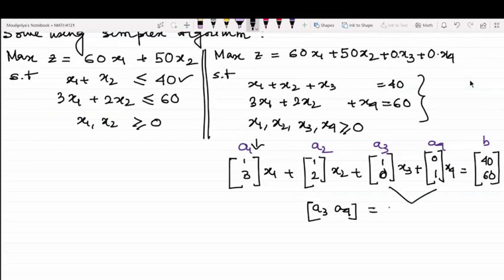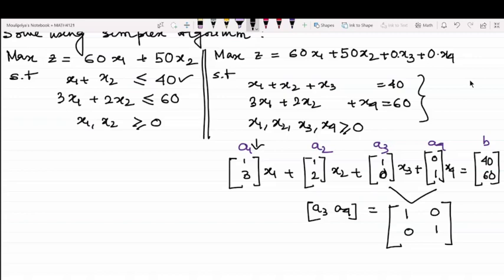Am I right? These two are going to make the identity matrix of order 2 cross 2. That implies, without even calculating, we are sure that X3 and X4 can be our choice of initial basic variables.